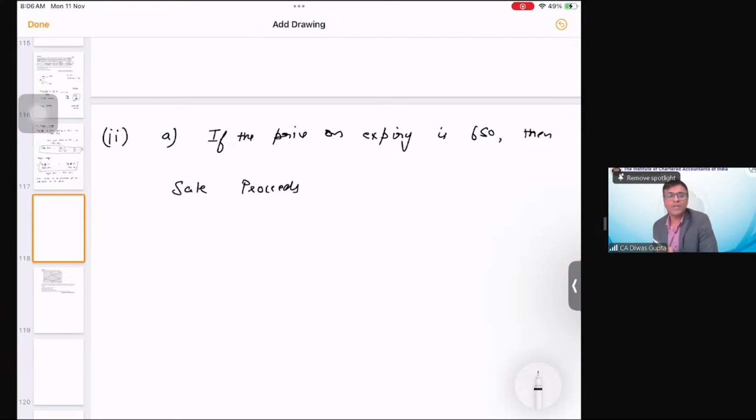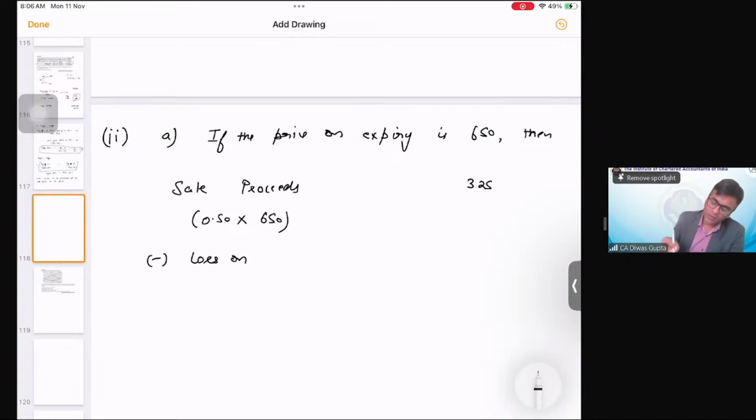One is the sale proceeds of the shares, correct? How many shares have we purchased? 0.5 at the rate of 650. 325 will be realized from the shares, minus the loss on call option.